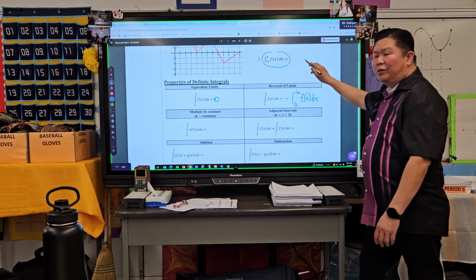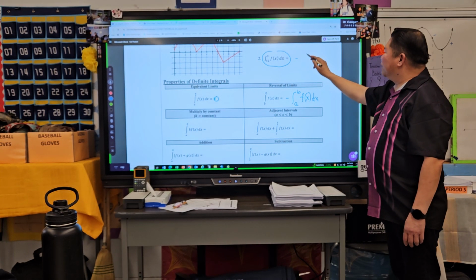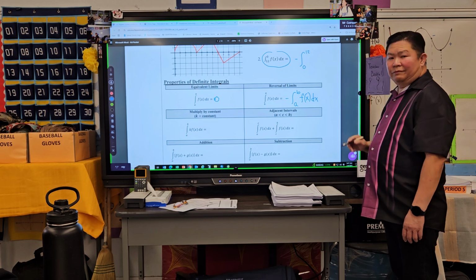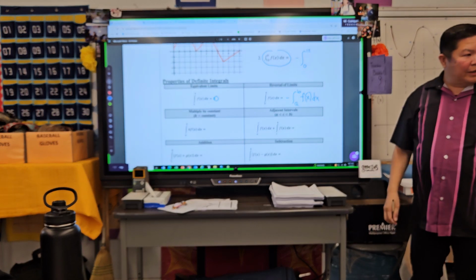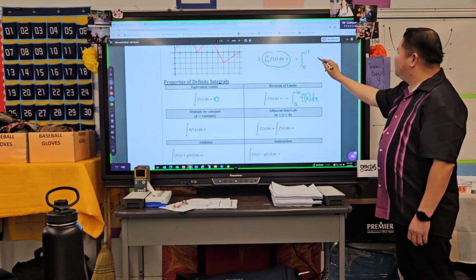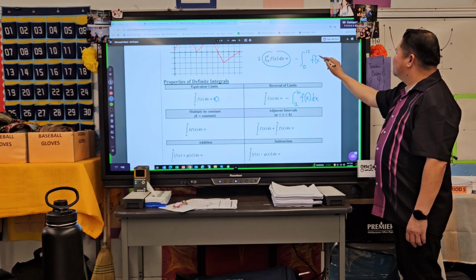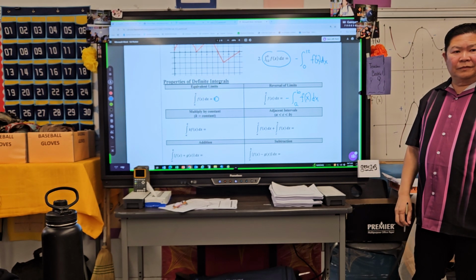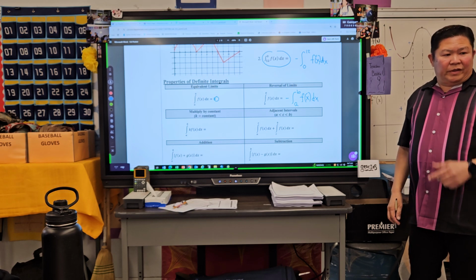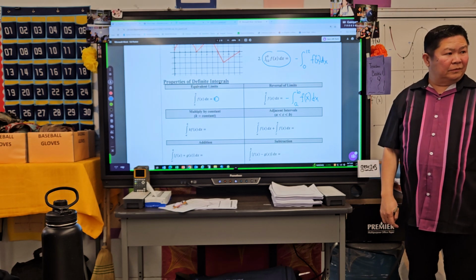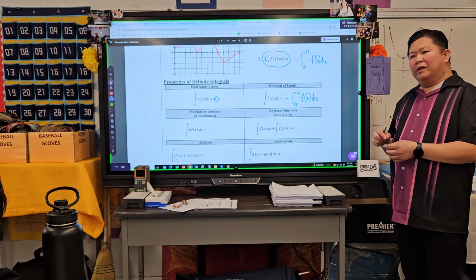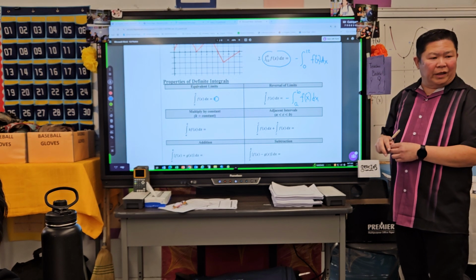So back to this one. We now say the negative integral from 0 to 12 of f of x dx. You get me? So just take the inverse, because in the order it should be the lower limit minus the upper limit.